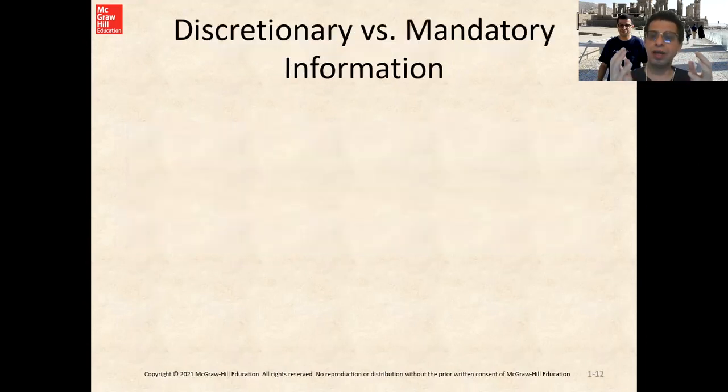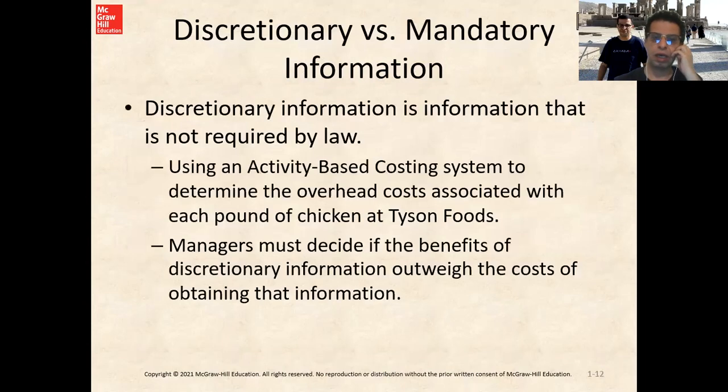Now, there are two kinds of information. There is what you call discretionary information, and there is what you call mandatory information. Discretionary information is information that is not required by law. They don't ask for it by law. Using activity-based costing, like cost accounting, for example, to determine the overhead cost associated with each pound of chicken at Tyson Foods.